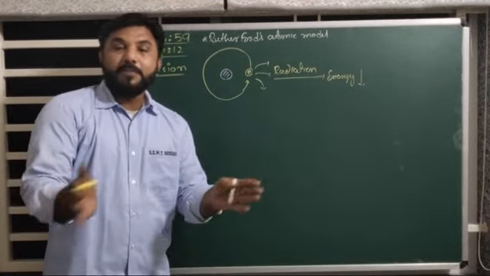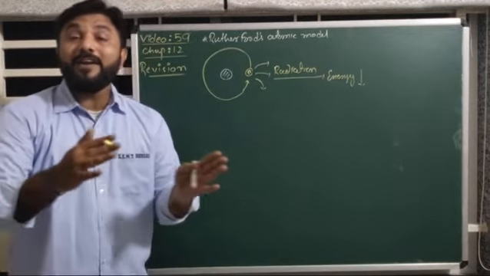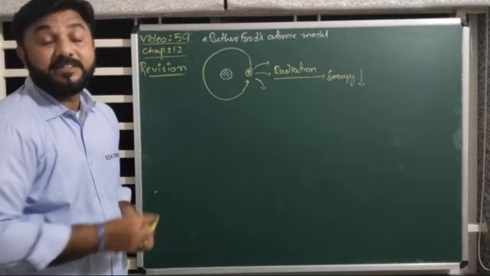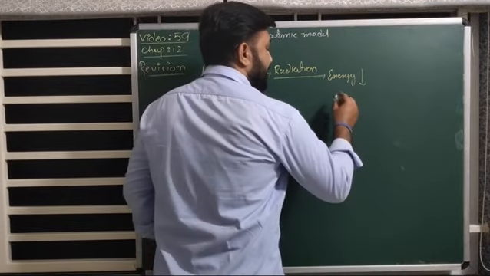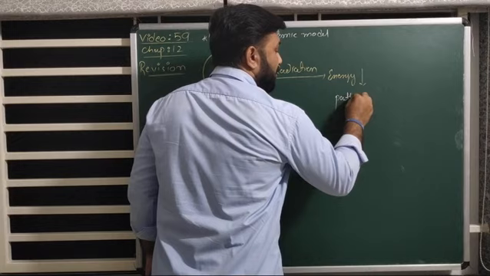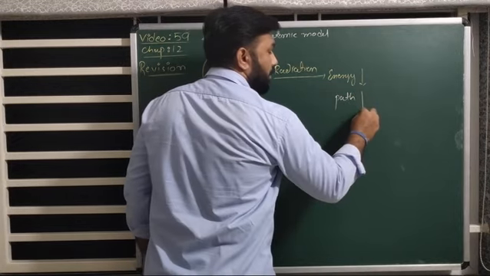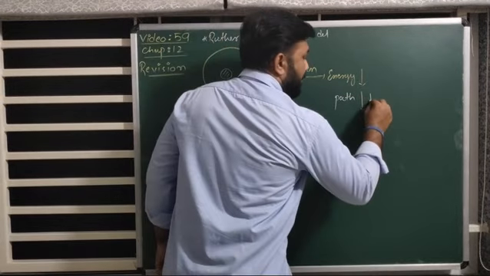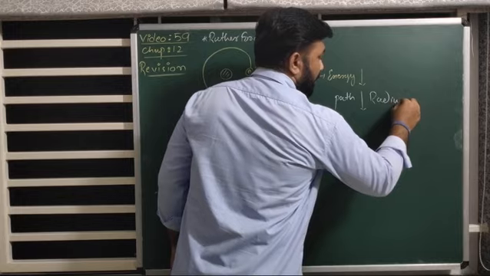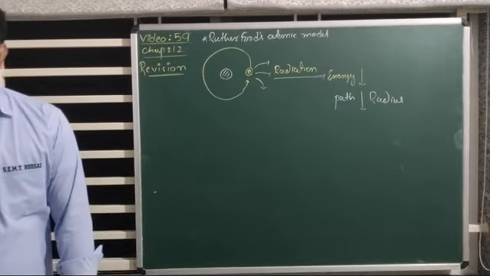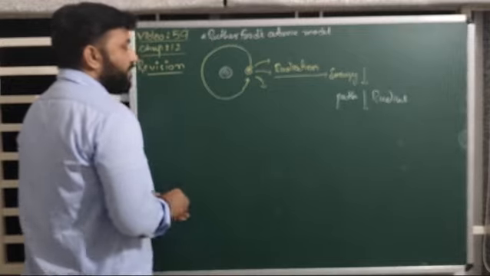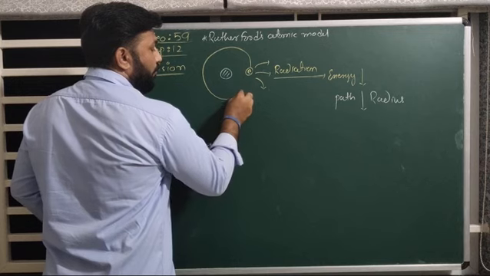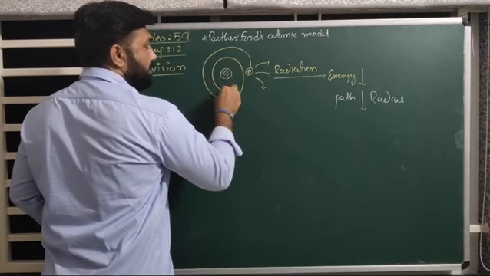As energy decreases, the radius of the circular path also decreases, and because of this, instead of a circular path, the electron follows a helical path like this.